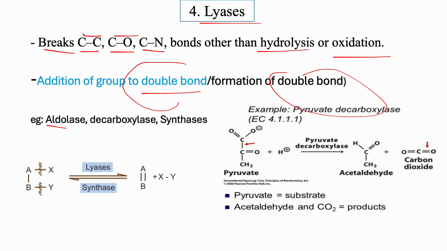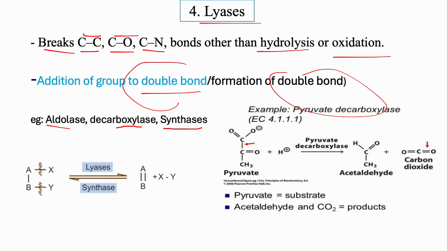Aldolases cleave C-C bonds in sugars, for example fructose 1,6-bisphosphate aldolase in glycolysis, and decarboxylases, which remove a carboxyl group, like pyruvate decarboxylase, and synthases. Bear in mind, this is synthase.